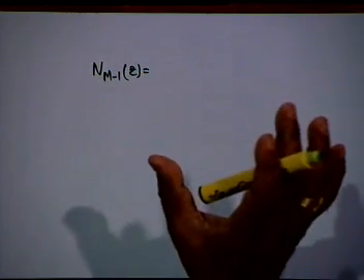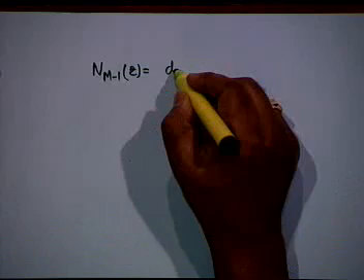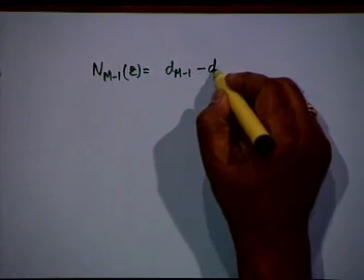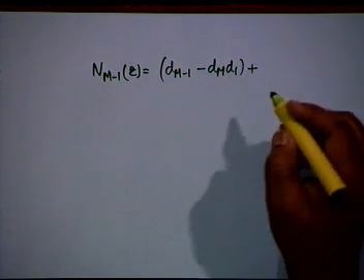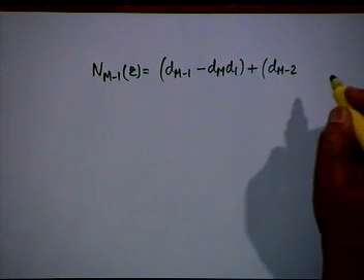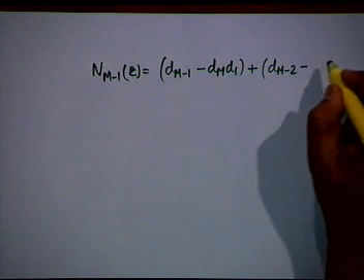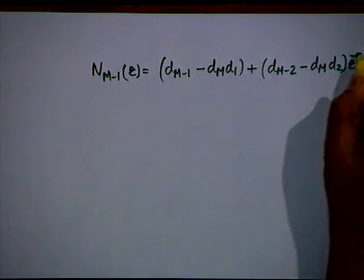It's a little involved proof, but it makes life so comfortable in testing any arbitrary IIR transfer function. So, you must follow the proof carefully. So, this would be dm minus 1 minus dm d1 plus the next term would be dm minus 2 minus dm d2 z inverse.